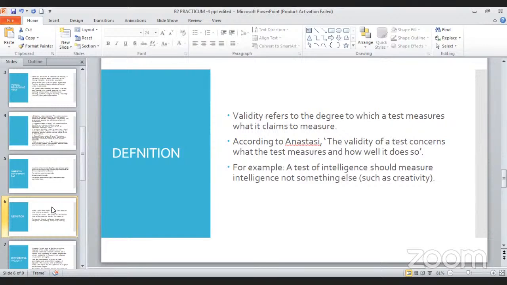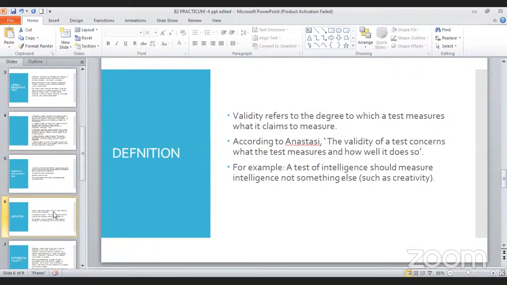So if we are trying to measure the validity of our intelligence test, we have to find another intelligence test that also measures the same construct or the same content. Then we have to find out the relationship between the scores of these two tests. That is the process of finding out the validity.